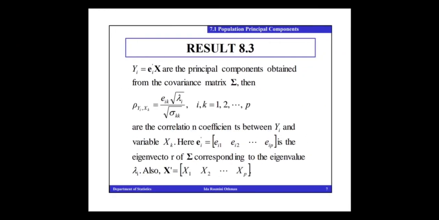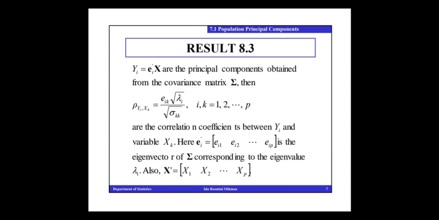Okay, the next one adalah the theorem when we find the correlation coefficient. We can use this theorem untuk nak tahu which variable contribute to which principal component. Okay, so this is our principal component formula from the covariance matrix big sigma.